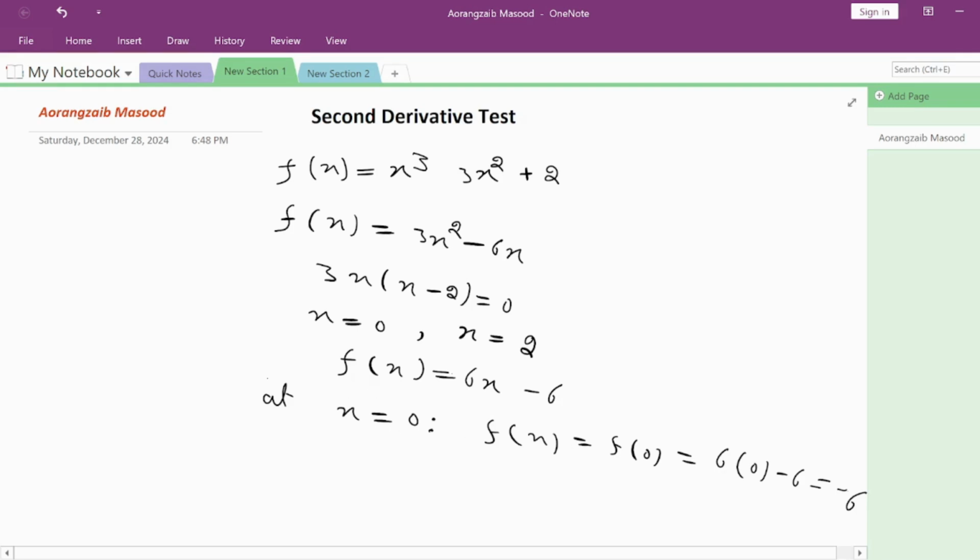So minus 6 is less than 0, which means f(x) has a local maximum at x equals 0. So it is a local maximum at x equals 0.